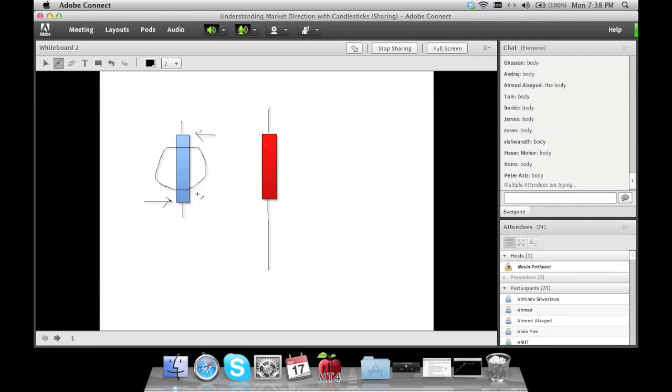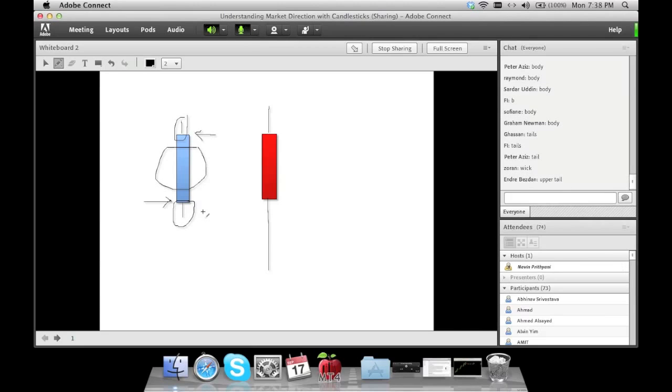That is what we call the body. These pointy things that come out of it are referred to as the wick or tails. I like to call it tails, but the professional word is wicks, W-I-C-K-S.